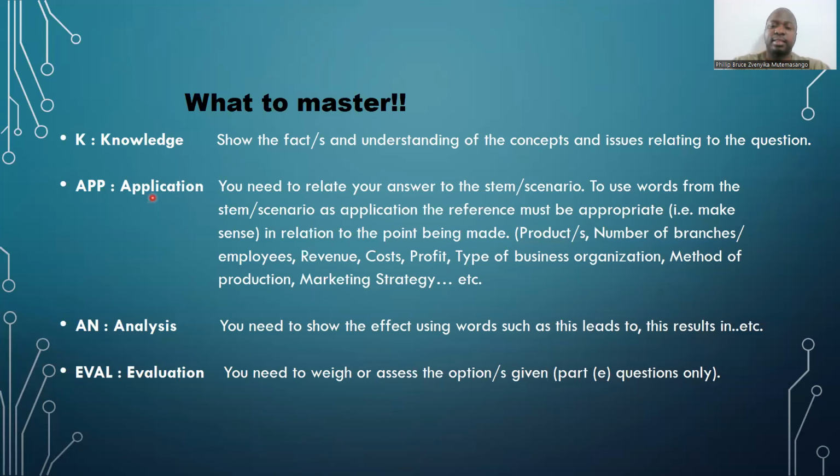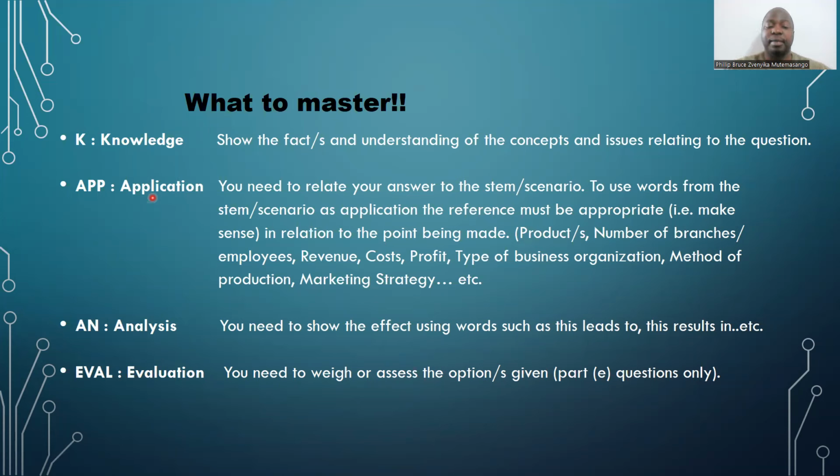Think about the product or products being produced by that particular business. Think about the number of branches or employees. Identify the amount of revenue, amount of costs, amount of profits, the type of business organization. Is it a sole trader, a partnership, or a company?